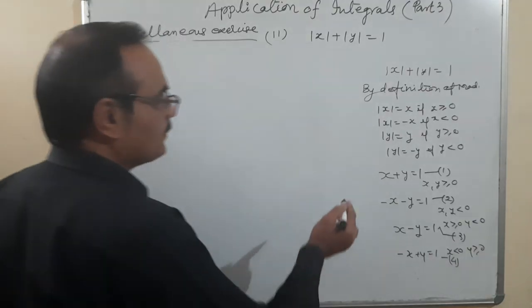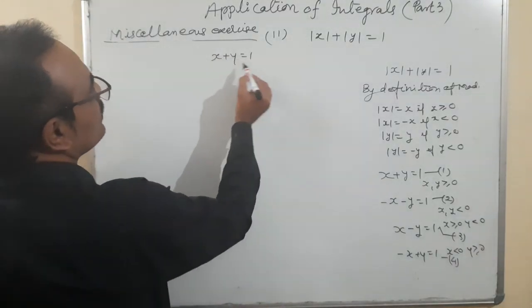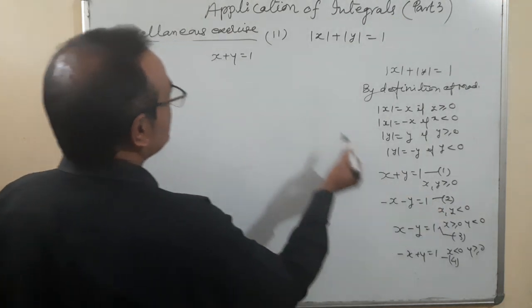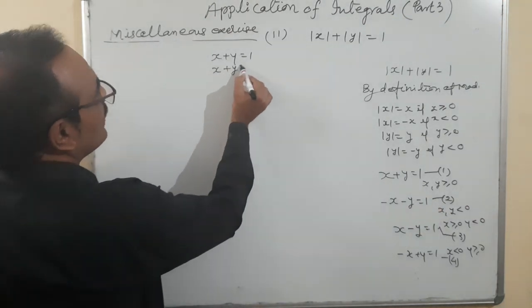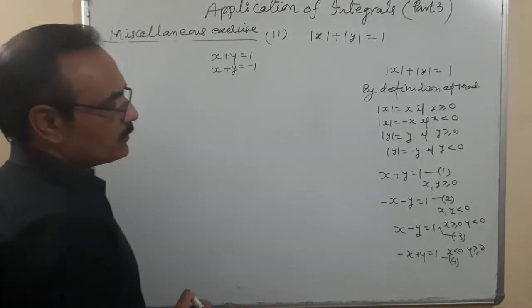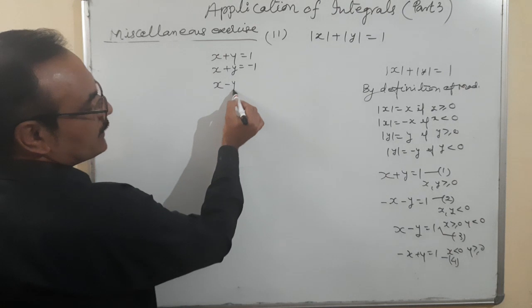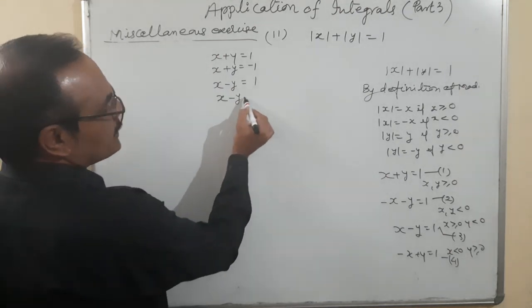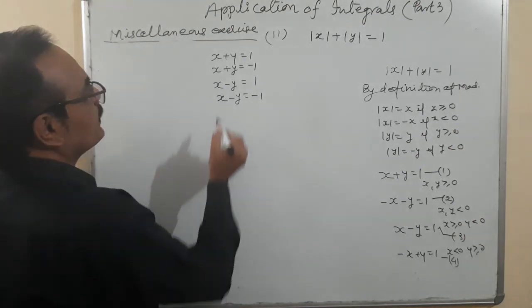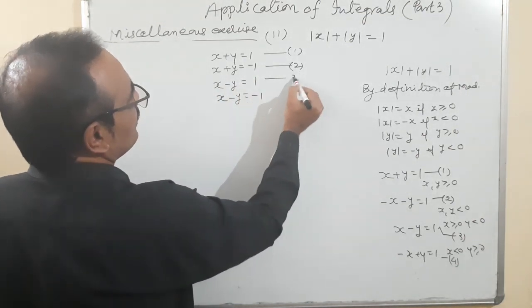Number 1, x plus y is equal to 1. I'll take minus common and shift there, so x plus y is equal to minus 1. Third one, x minus y is equal to 1. And fourth one is x minus y is equal to minus 1. These are four equations we have.